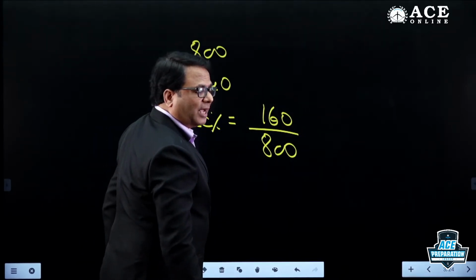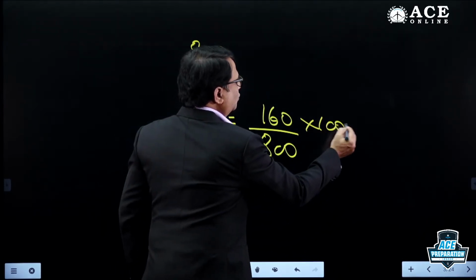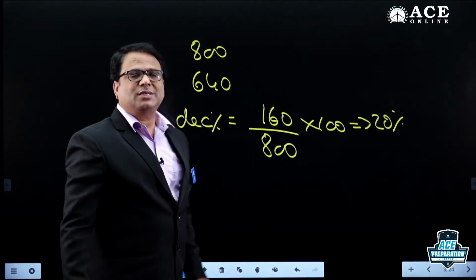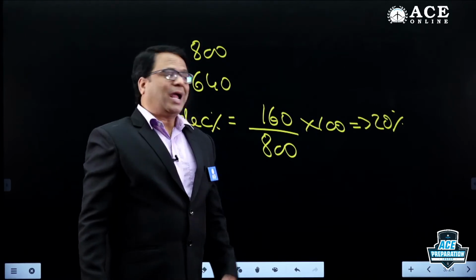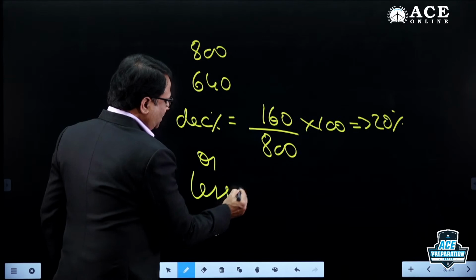And to convert a fraction into percentage, into 100. So that gives you 20%. So my score is decreasing by 20% in the second test. And this decrease percent, you can also call it as less percent.